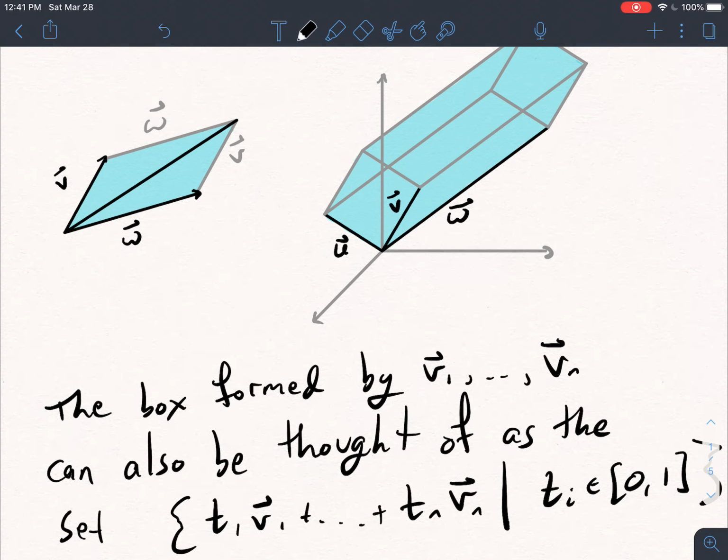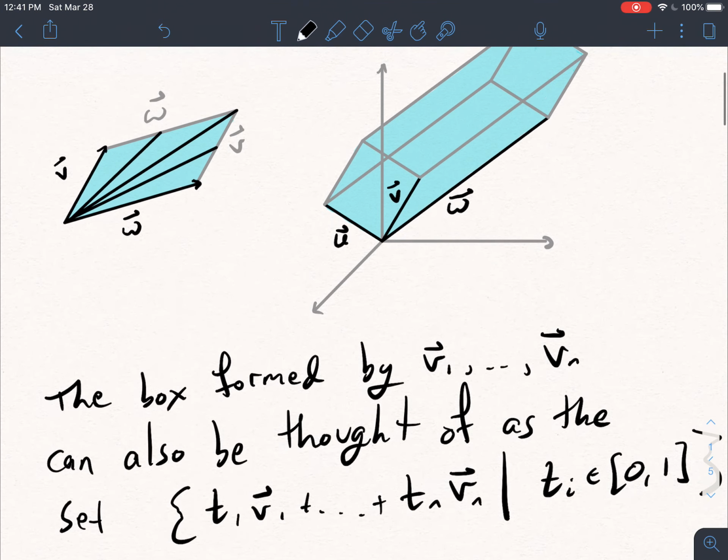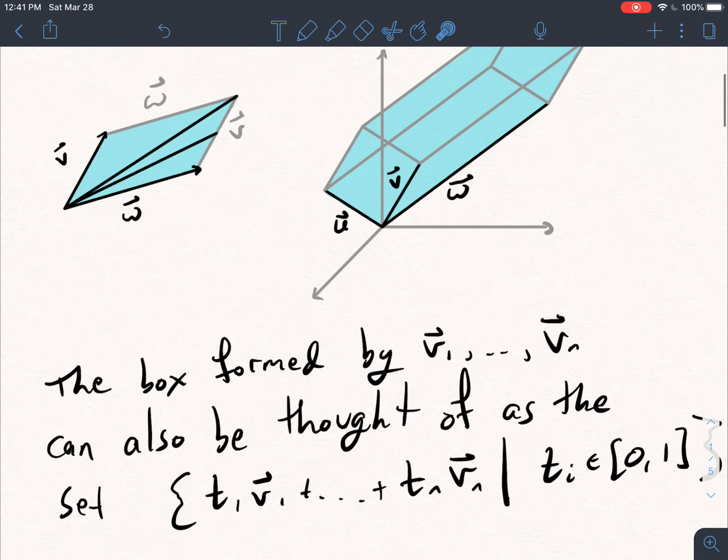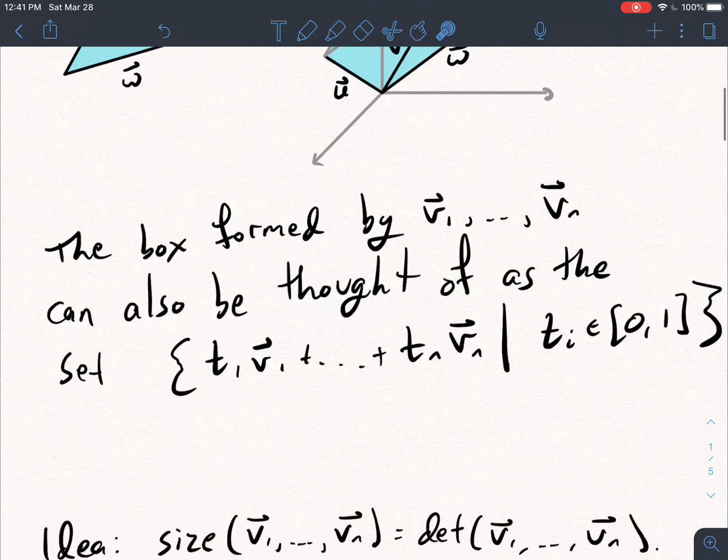So this right here would represent the vector w plus v, and then I could look at w plus half of v, and that would be this vector right here, and then maybe v plus half of w would lie somewhere up here. And so that's what I mean when I say that we can think of this box as being equal to this set right here. Okay.